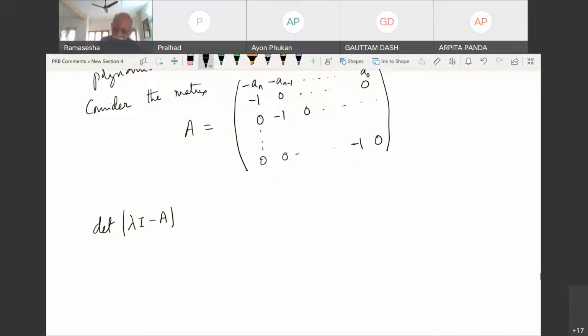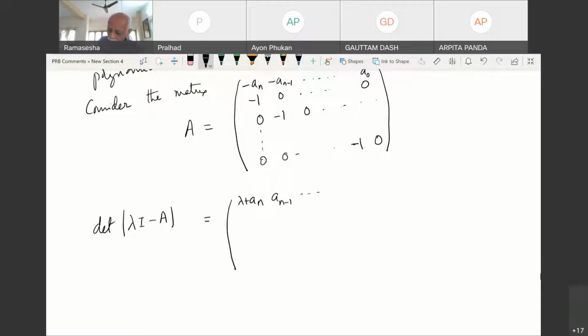So this can be written as lambda plus a1, a2, lambda plus an minus 1, etc., an.